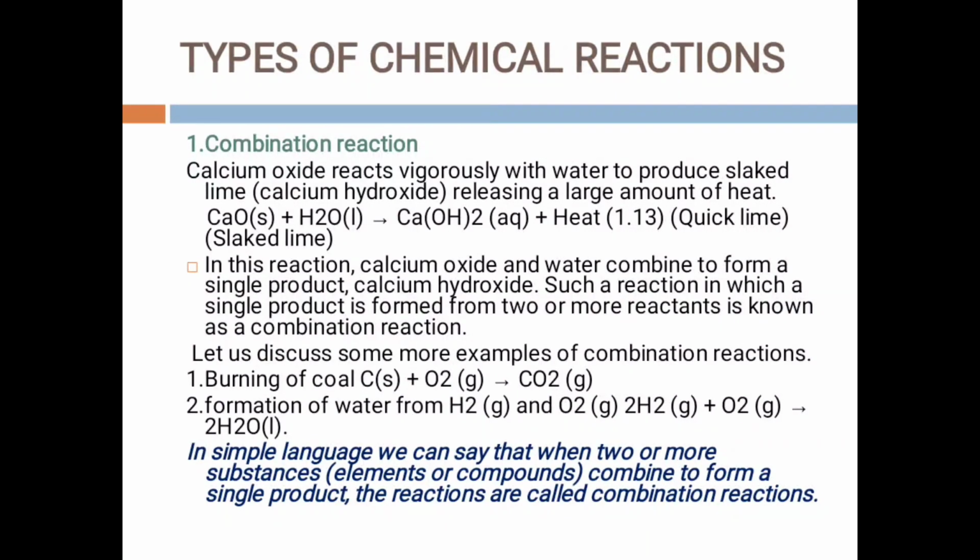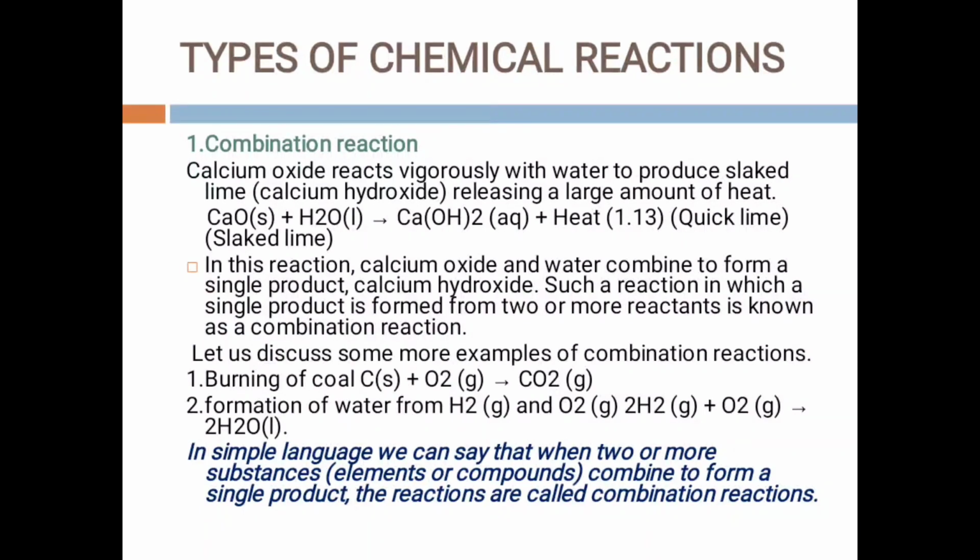Again, here also, in the formation of water from H2 and O2, there are two reactants combining with each other giving rise to a single product. So this is what a combination reaction is, wherein there is combination of two or more reactants giving rise to a single product.